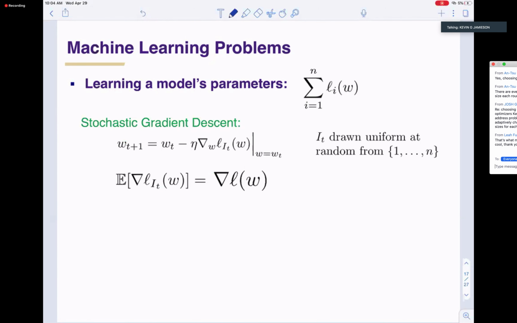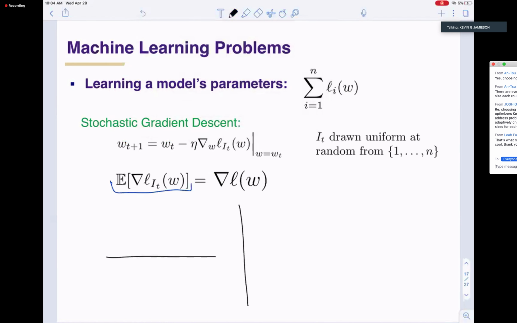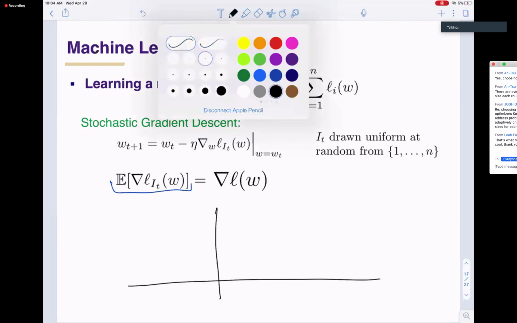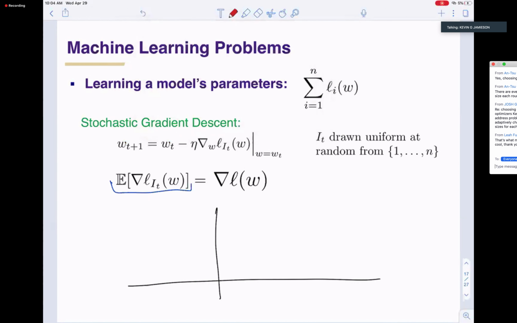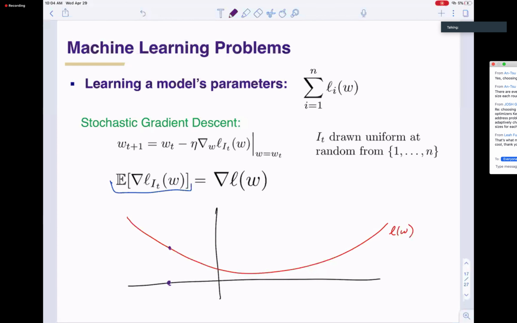But the difference is it's only in expectation, right? So if we had some nice function, the picture in your head should be like this is L of W. If I'm at this point, the true negative gradient is, say, this value.